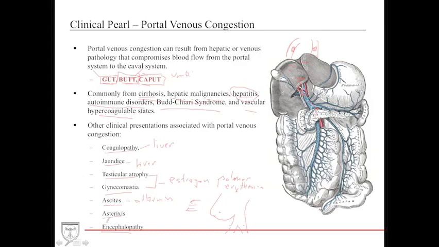And then asterixis, again, is a problem with wastes. It can be with liver problems, it can be with jaundice, it can be with uremia, anything that causes an increase in waste. Asterixis is when you ask a patient to make a stop sign with your hands or stick out your hands, and their hands will flap because the wastes in their body are causing the motor system to malfunction, causing almost a type of clonus with your hands.